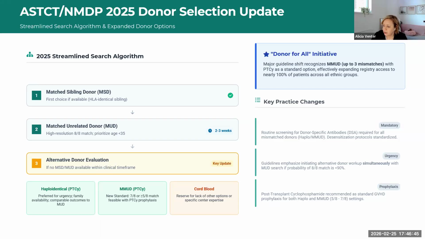They have also issued guidelines to emphasize initiating alternative donor workup simultaneously with the MUD search. And I think many registries have noticed this because NMDP often reserves multiple donors at the same time for a single patient. And then in terms of prophylaxis, of course, the PTCy-SI recommendation as a standard GVHD prophylaxis for both haplo and multiple mismatch unrelated donor settings.